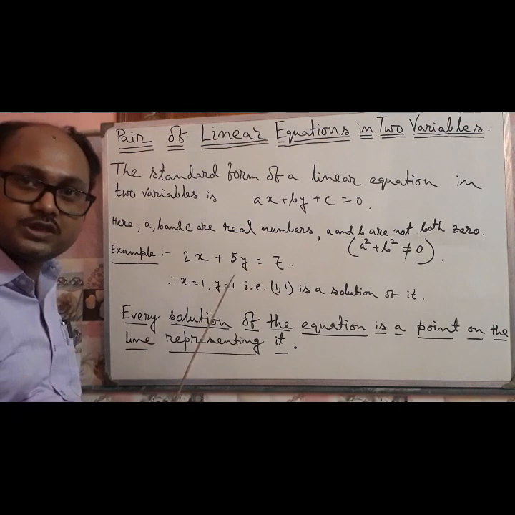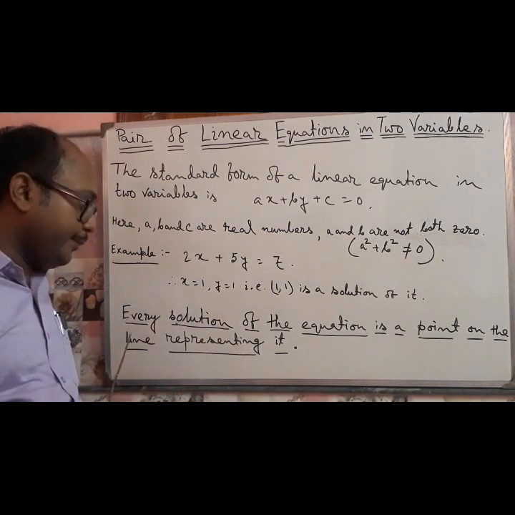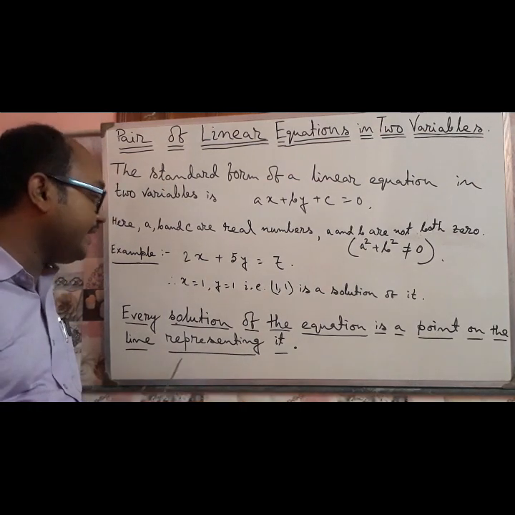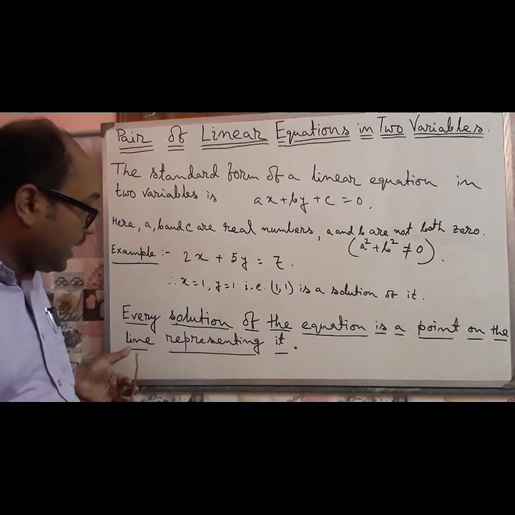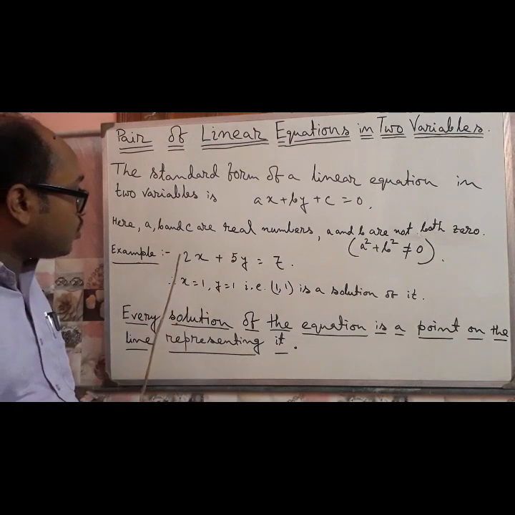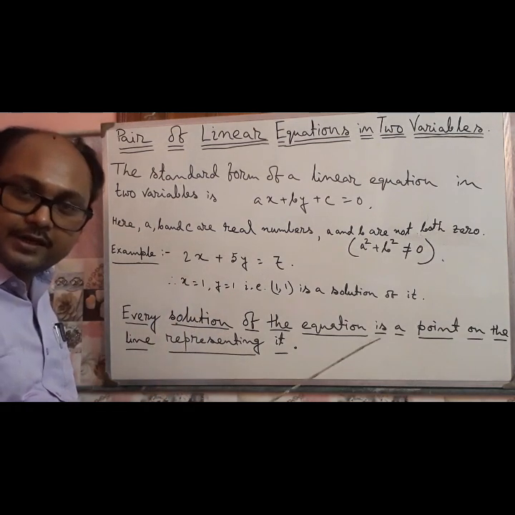Why are infinite solutions possible for a linear equation? Every solution of the equation is a point on the line representing it. Now, if you draw the graph of this linear equation, it will give you a straight line.